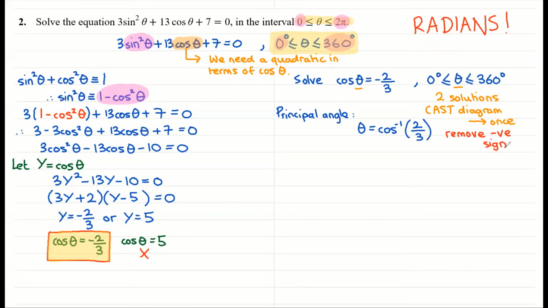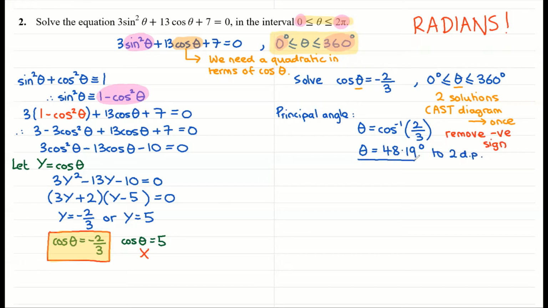So there's no negative sign on your principal angle when you're doing the inverse cos or the inverse sine or the inverse tan, whatever it is. Please remember that. You'll know it's wrong if you get an obtuse or a reflex angle. Right, so we get a nice acute angle. So this is going to be 48, and I'm going to round it to 2 decimal places. That's 48.19 to 2 dp.